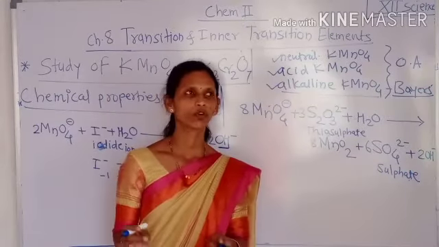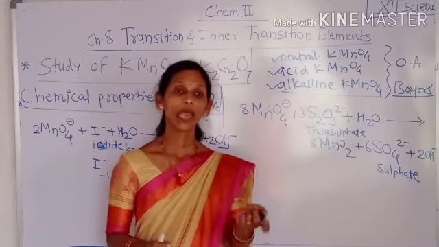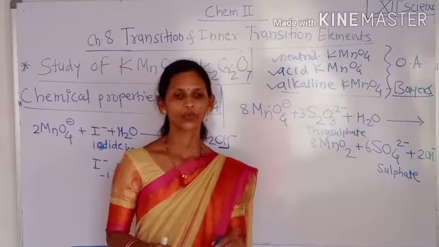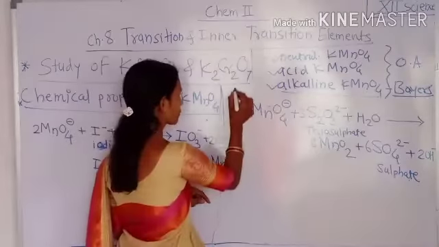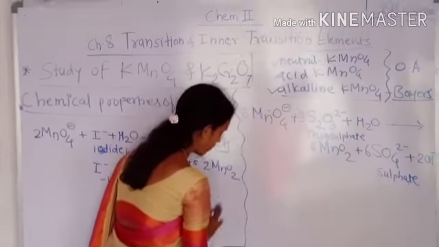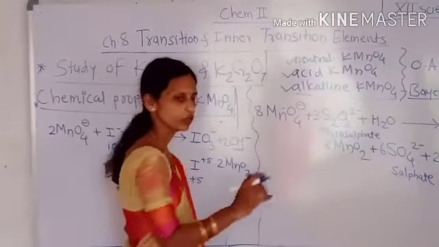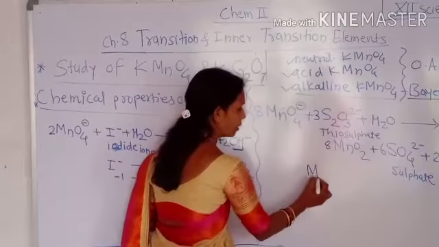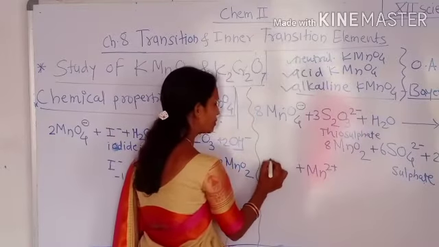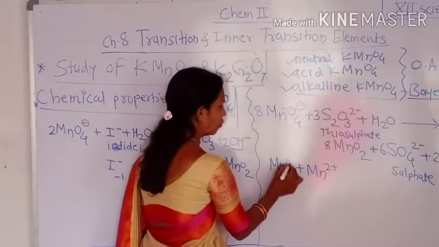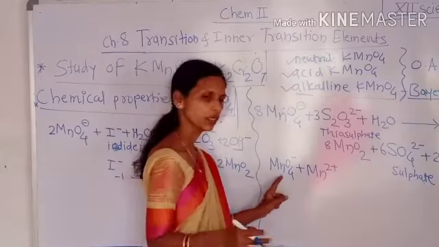The oxidation of manganese salt to MnO2 compound also takes place due to the permanganate ion. See here, oxidation of manganese salt containing Mn2 plus ions, which is oxidized by MnO4 minus ions.